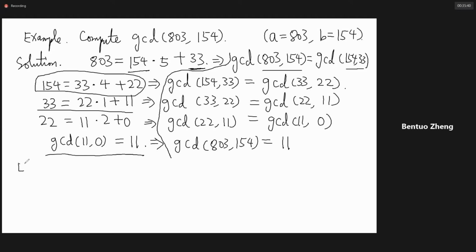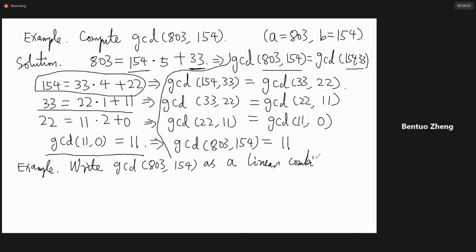Example: write the greatest common divisor of 803 and 154 as a linear combination of 803 and 154.